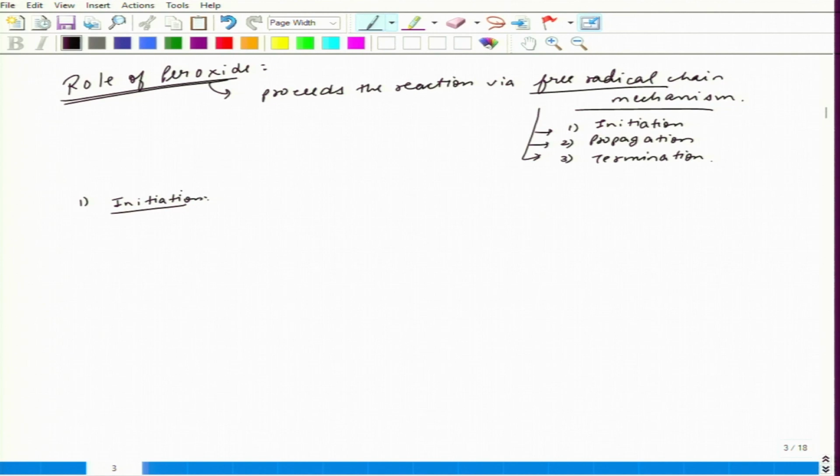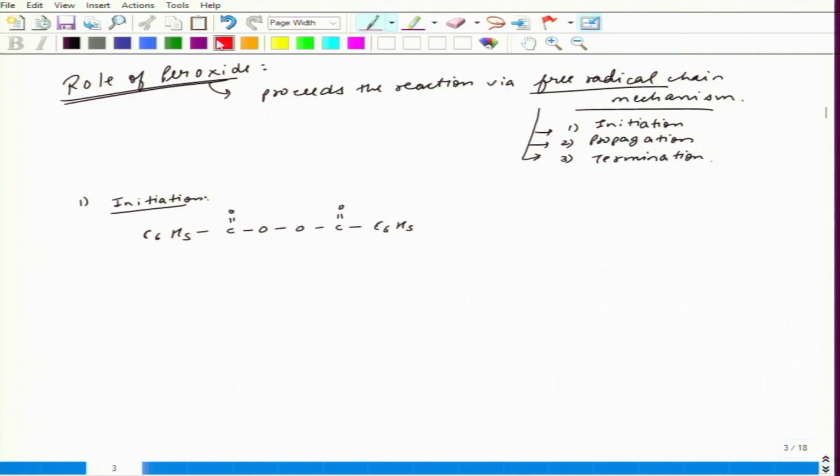What do these initiation steps do? What we have is peroxide, C6H5, C double bond O, O, C double bond O, C6H5. Now, one thing you should keep in mind is that O single bond O, that means the peroxide linkage, is a very weak bond and it can cleave easily.